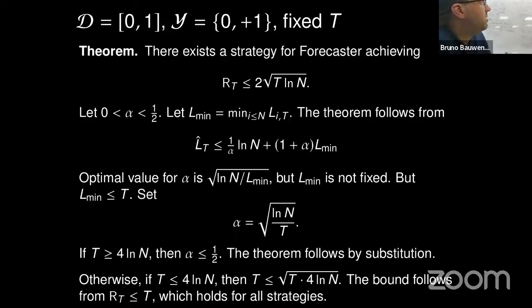But then, let's multiply this condition by T on both sides and take the square root. Then we have T bounded by the square root of 4T ln n. Now let us compare this to the theorem. We see that the regret in round T is always at most T, regardless of the strategy. So in this case we're also covered. The only thing that we need to do is assume alpha at most 1/2 and prove the bound in the middle of the slide.